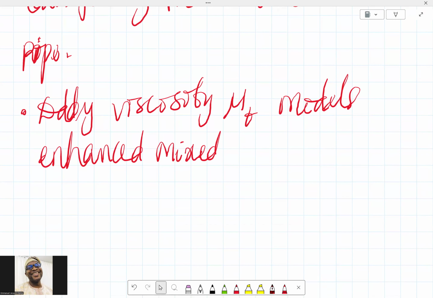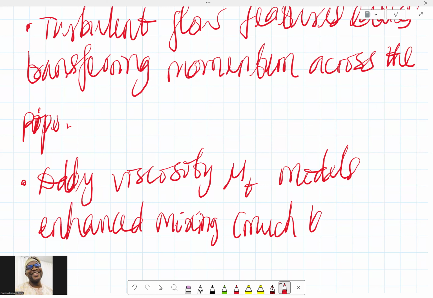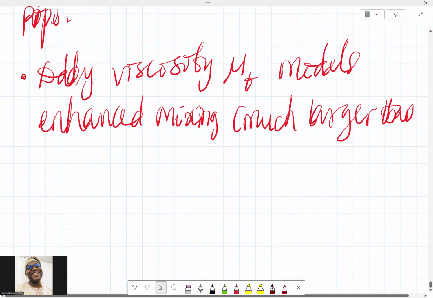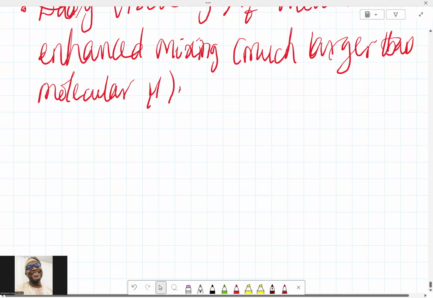That is much larger than the molecular mu.